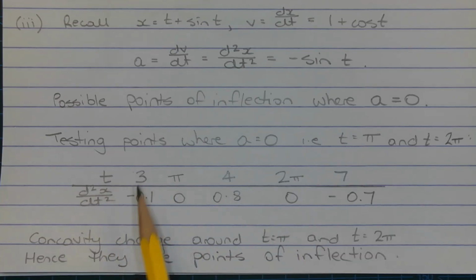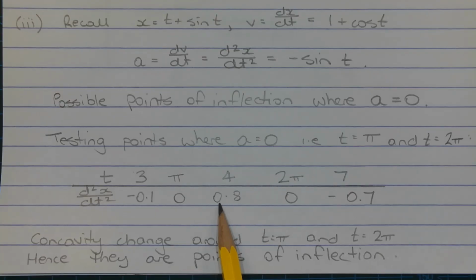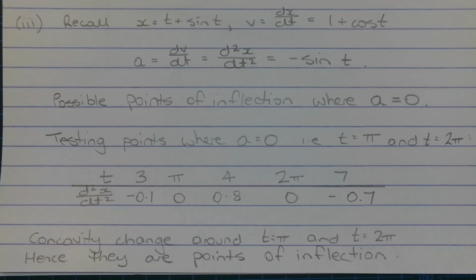When t is equal to 3, the second derivative is equal to negative 0.1. When t is equal to 4, the second derivative is equal to 0.8. So we have a negative second derivative here, a positive second derivative here. When t equals pi, the second derivative is 0. So we have a change of concavity around t equals pi, so that is a point of inflection.